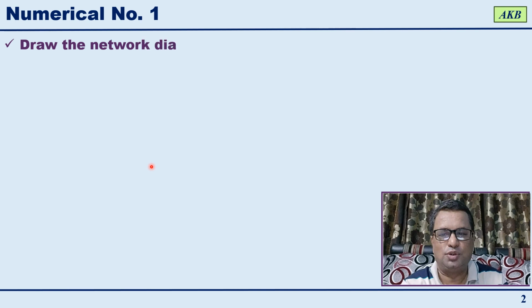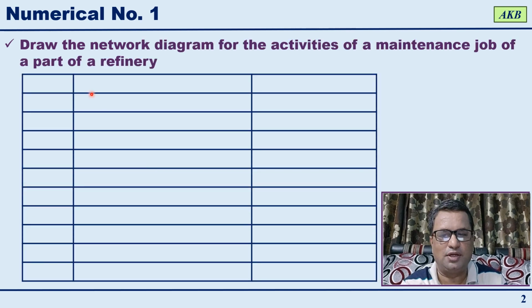So what is given to us? We are supposed to draw a network diagram for the activities of a maintenance job of a part of a refinery. So you have a list of activities. Those activities are concerned with a maintenance job in one part of a refinery.